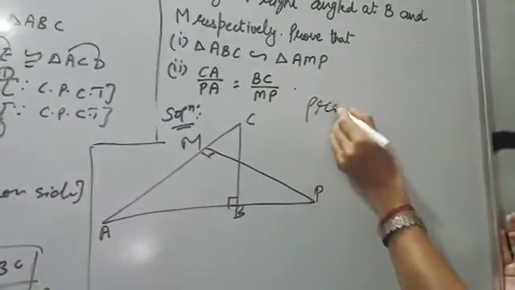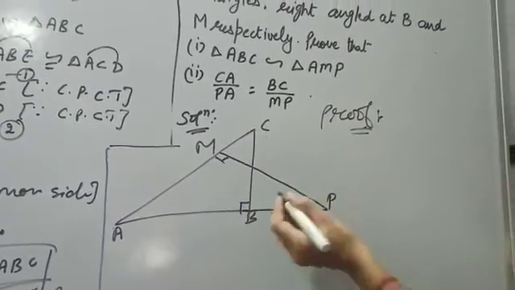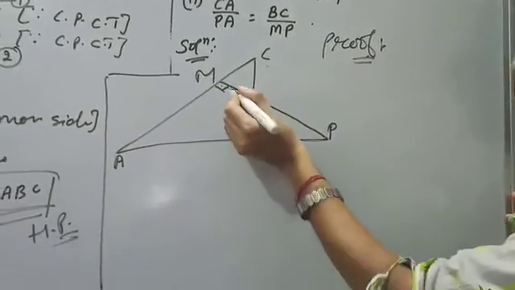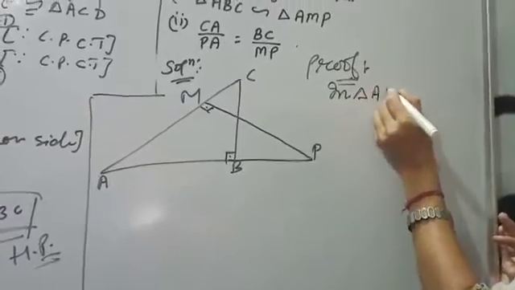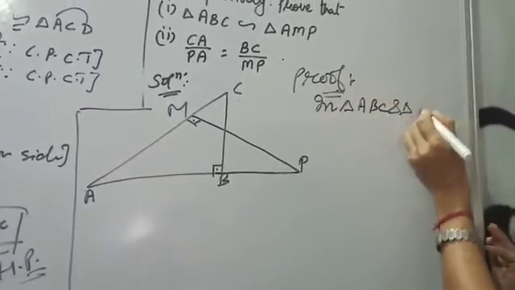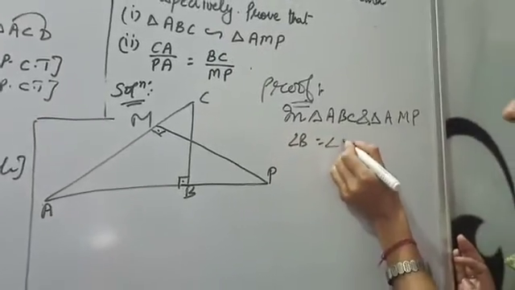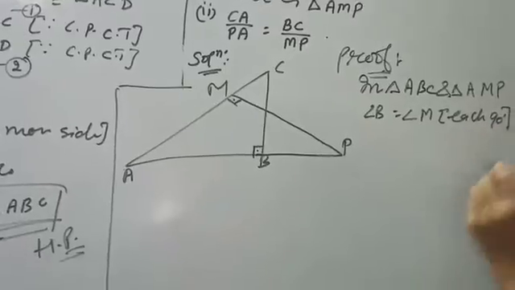From the starting of the proof, I am writing now, given and to prove, write yourself. If we look into both triangles, angle B is equal to angle M. So in triangle ABC and triangle AMP, angle B is equal to angle M, each of them is 90 degrees, right?